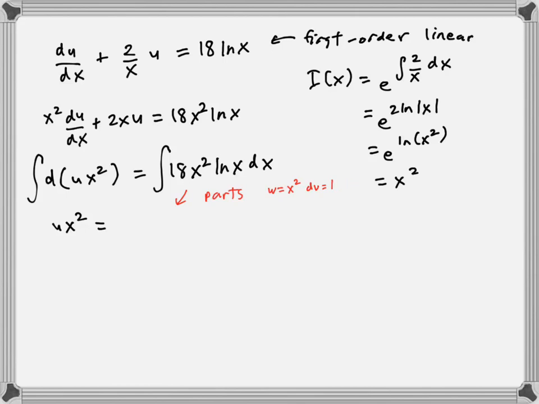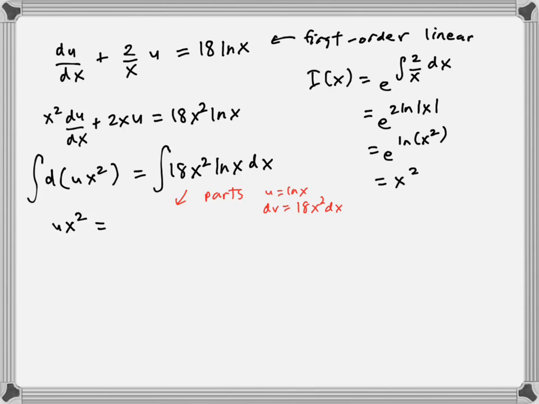Oh, sorry, I got that backwards. You would let w be ln of x, and dv would be 18x squared dx. Anyway, I don't want to go through all the details of the integration.